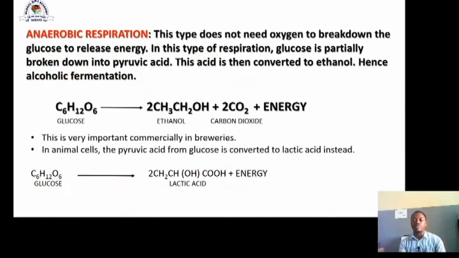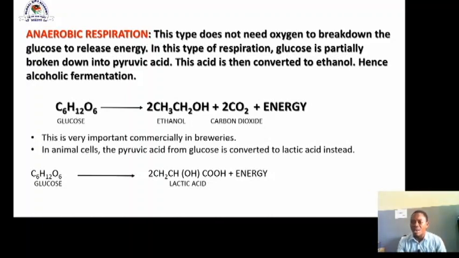Anaerobic respiration. This does not need oxygen. It doesn't need oxygen to break down the glucose to release energy. In this type of respiration, glucose is partially broken down into pyruvic acid. So it's a partial breakdown. The partial product of glucose is this pyruvic acid. And this acid is then converted to ethanol, hence alcoholic fermentation.